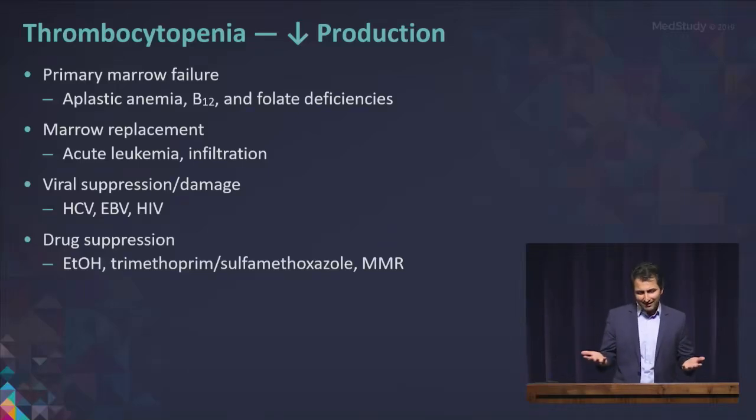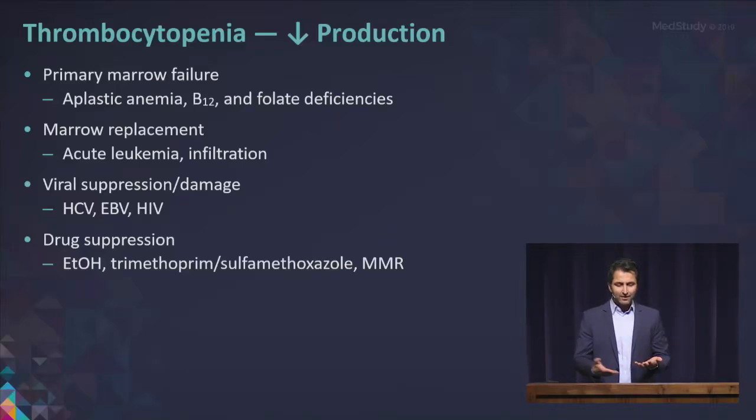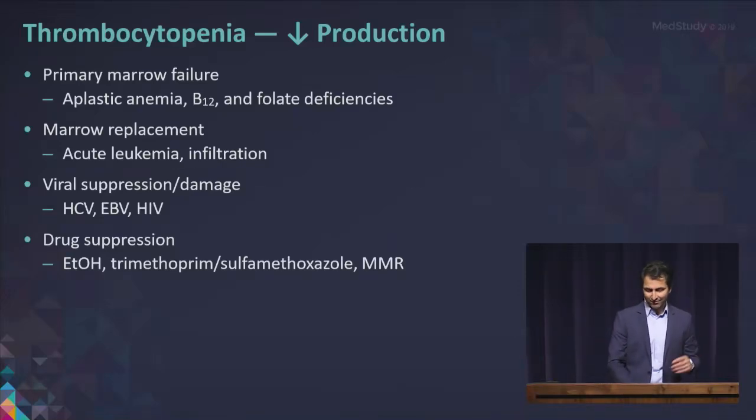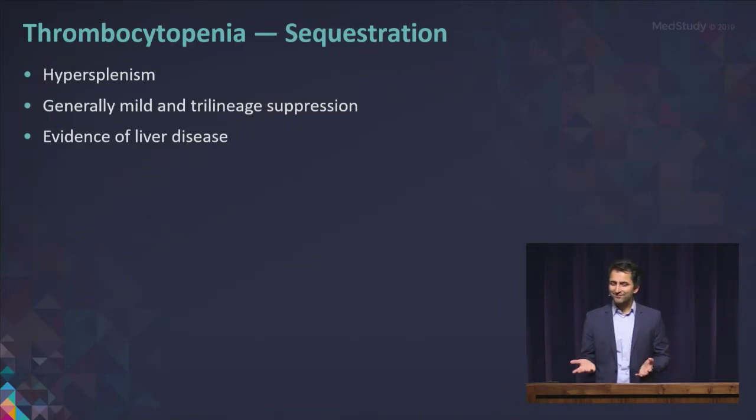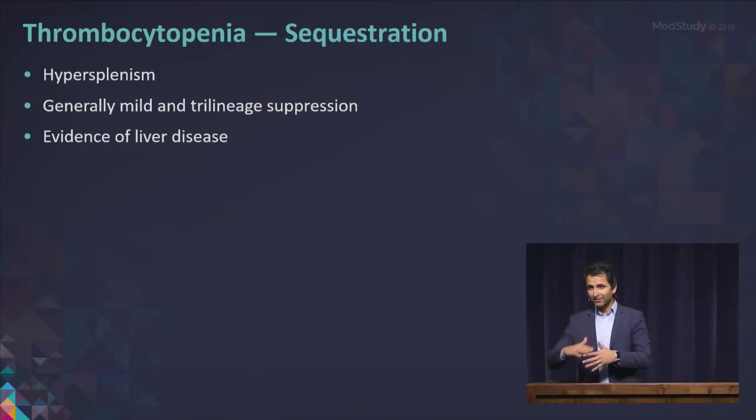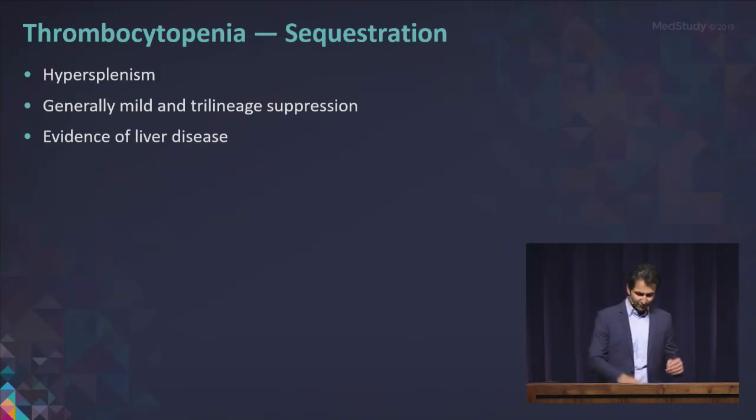Decreased production: you have a bone marrow problem, a deficiency of a vitamin, a virus or a drug that's suppressing your bone marrow. Low platelets, it makes sense, right? Sequestration: if you have a big spleen, such as somebody who's a cirrhotic, your platelets get trapped in there. These cirrhotics often have platelet counts of 60, 80,000. That's where they live. It is what it is.